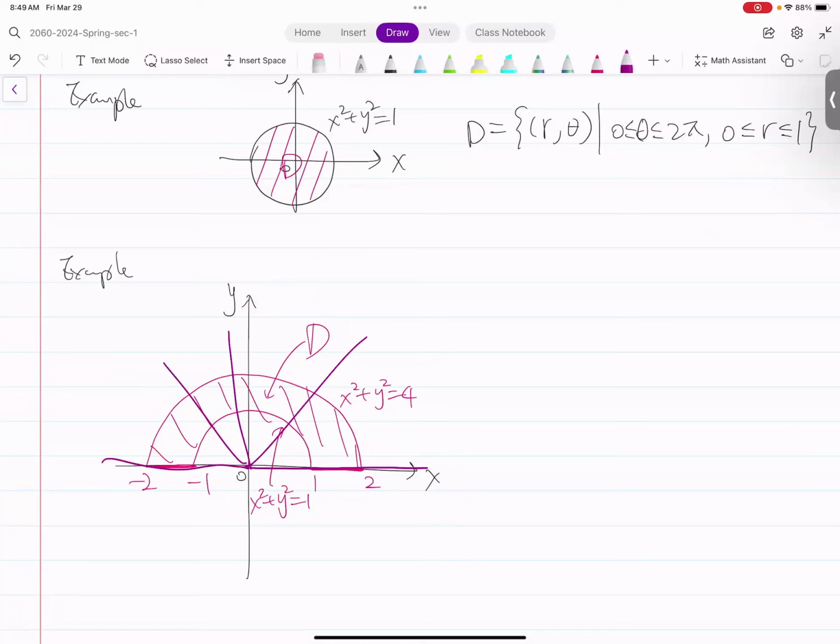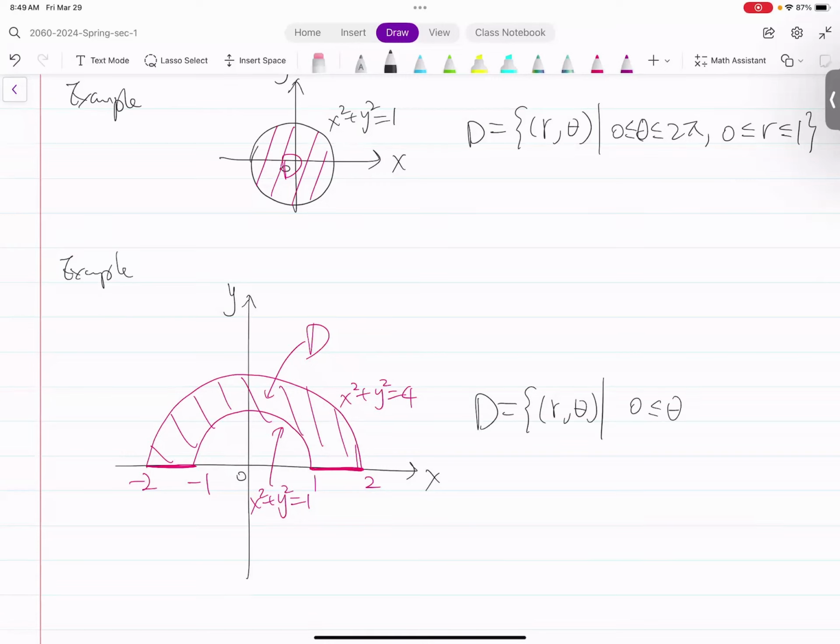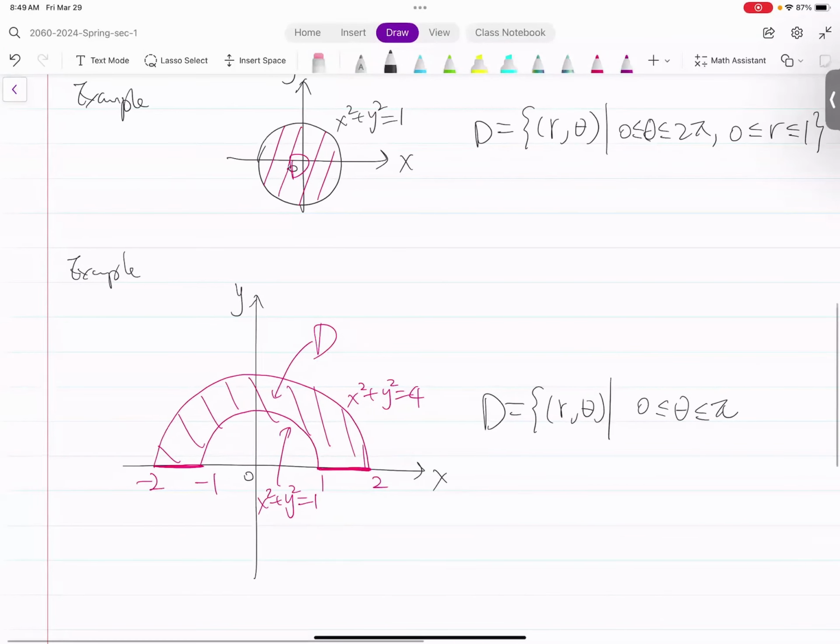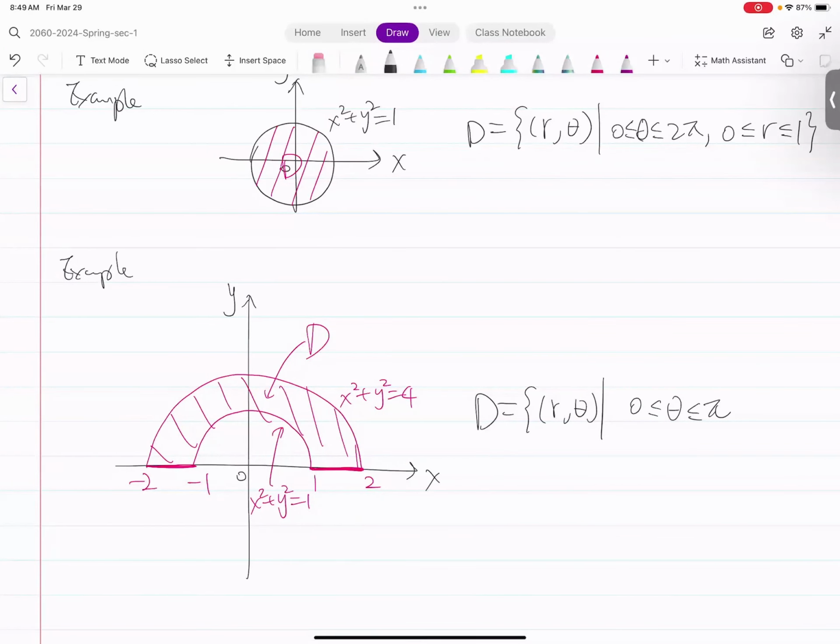The maximum within the period from 0 to 2 pi is ending at pi. So here, if I want to write the (r, theta) pair, theta is now cut between 0 and pi, so that only covers the upper half plane.